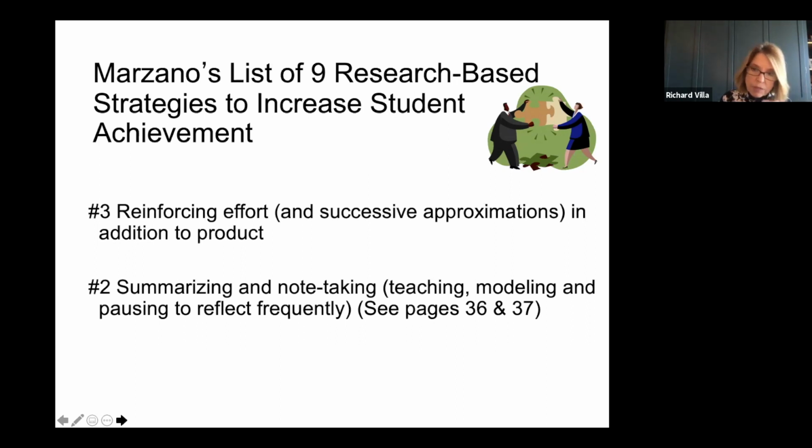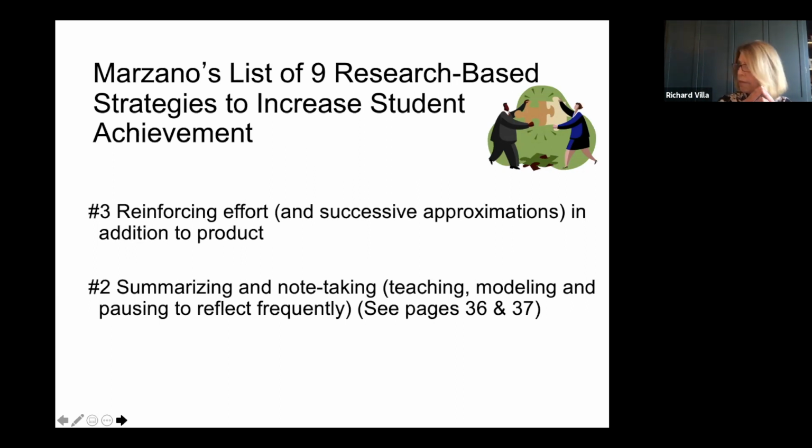As a resource, therefore, on pages 36 and 37, we offer you 12 quick cooperative learning structures. Rich talked about cooperative learning as that number 6 Marzano best practice. Well, on those pages, you'll find some quick structures that you can drop into any lesson, any experience. So students interact with one another and summarize their learning with their peers.